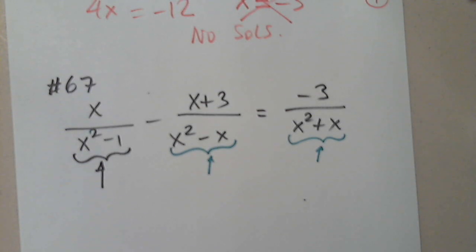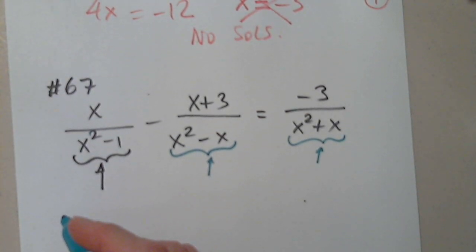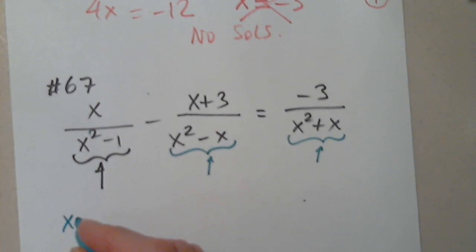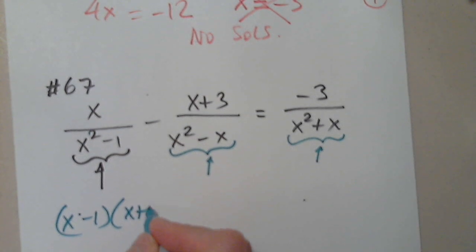I'm going to go back to our problem. X squared minus 1. How do we factor x squared minus 1? Should be x minus 1 and x plus 1. Excellent. Good.